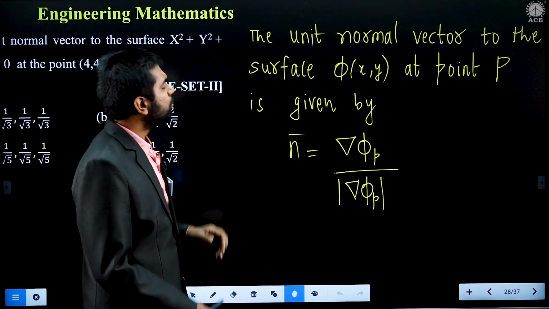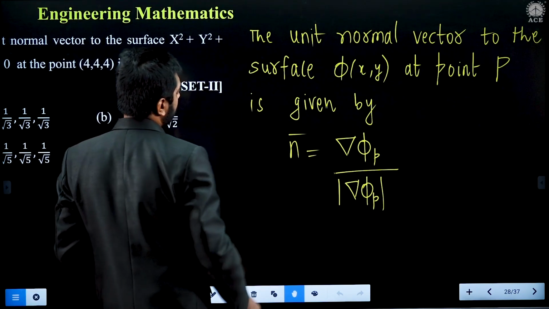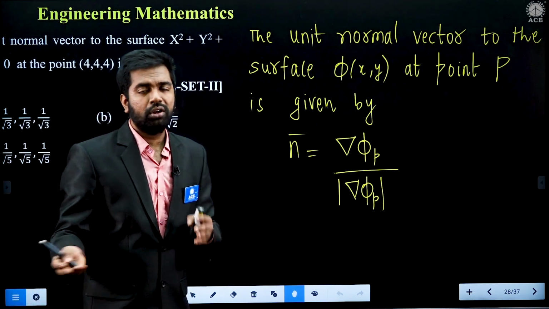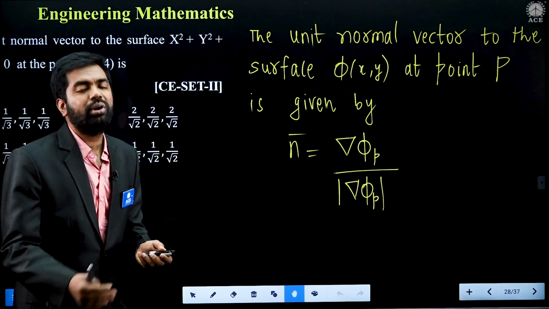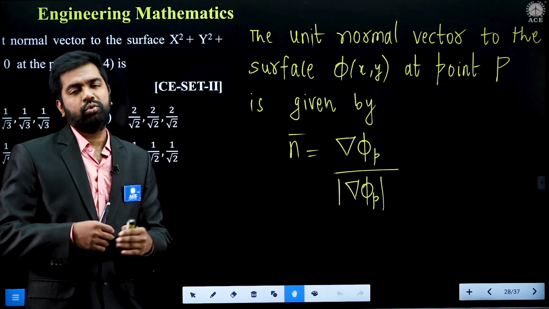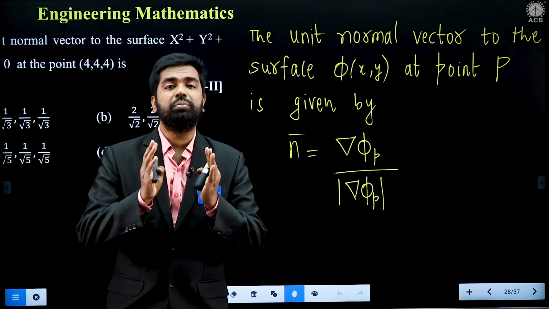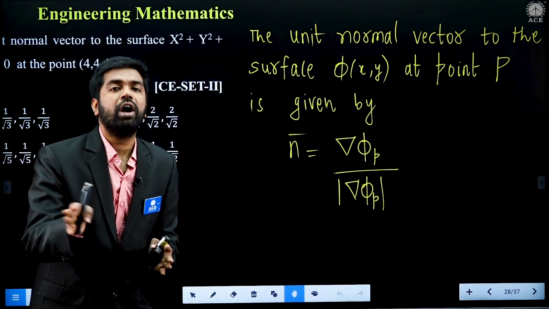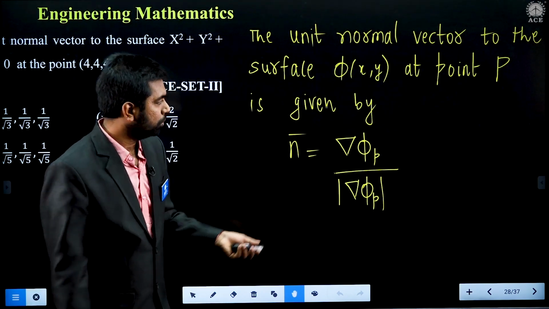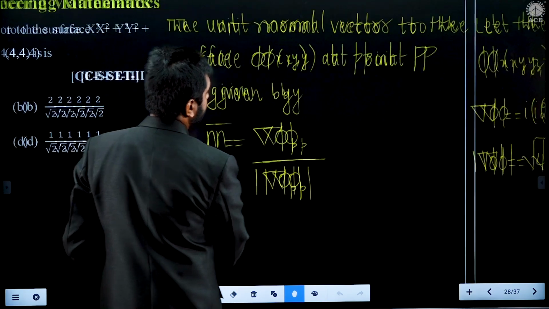Now instead of this phi, we have x square plus y square plus z square equal to 48. If you bring that 48 to the other side, you have x square plus y square plus z square minus 48. Whichever points lie on the sphere satisfy x square plus y square plus z square minus 48 equal to 0. So let's continue the discussion.